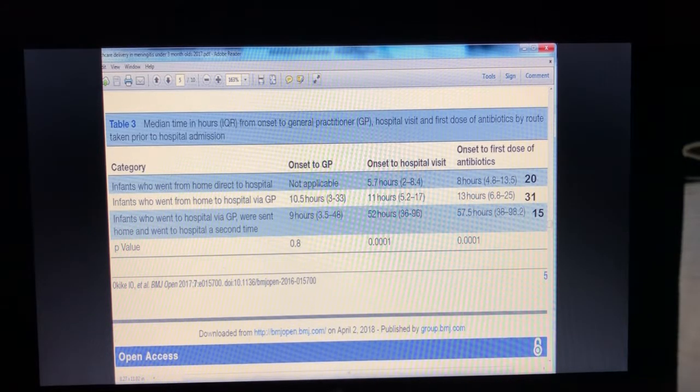Now the numbers really aren't high enough to show any rate of poor outcome being statistically different, whether you presented to hospital after 24 hours, and that was 8 out of 15, or whether you presented within 24 hours and had poor outcome, which was 18 out of 47. And the interval between triage to first antibiotic dose wasn't associated with poor outcome either.